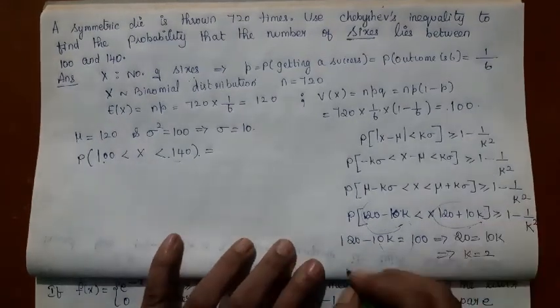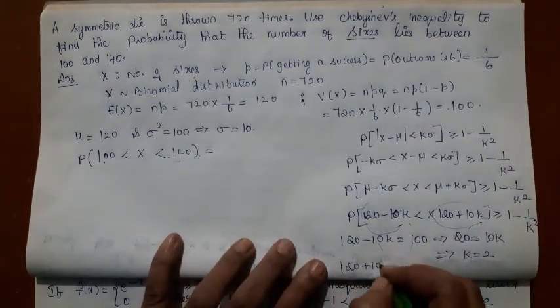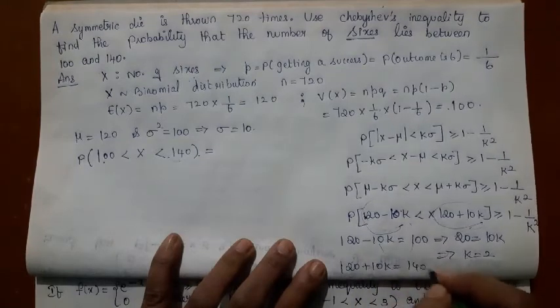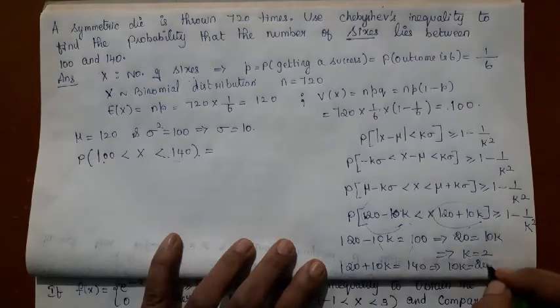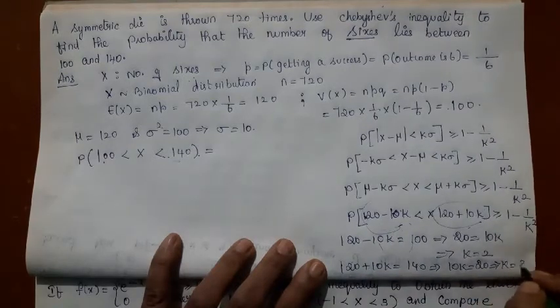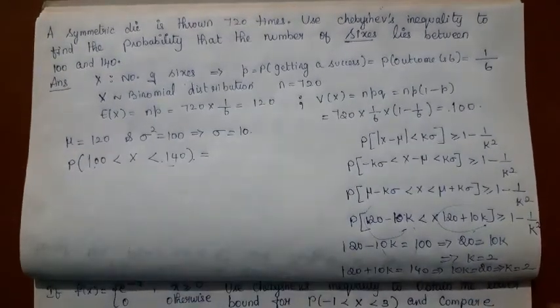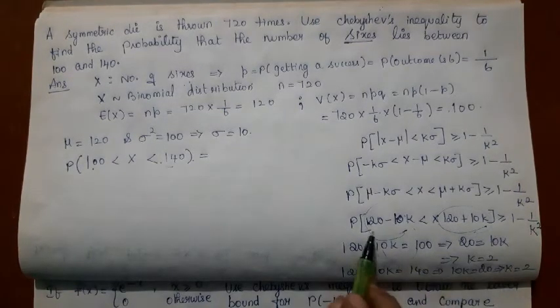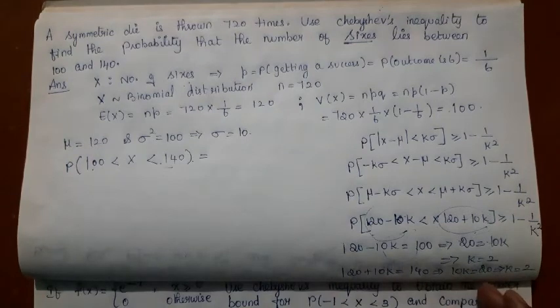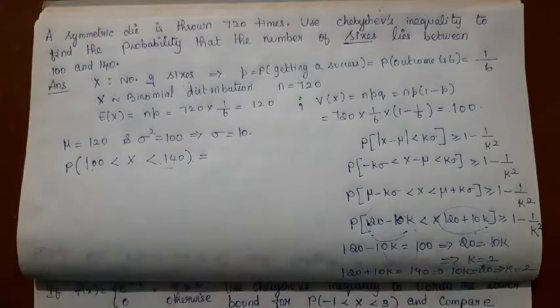If you take 120 plus 10k, it should be 140. That is, 10k should be 140 minus 120, so k is 20 by 10, which is 2. So in both cases k is equal to 2. If there is a change in the value of k, you cannot apply Chebyshev's inequality. In this question, k equal to 2 gives these numbers. Only then can you apply Chebyshev's inequality. It has a lot of restrictions.